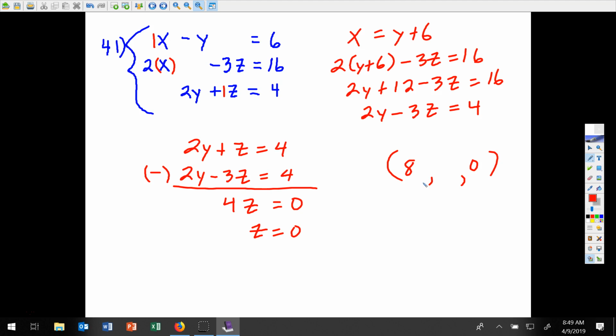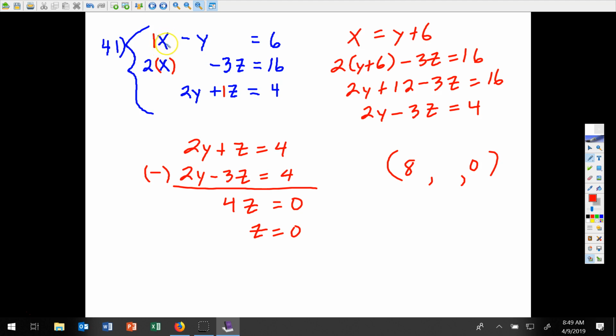Now, how do you think I will find y? Well, you have some options. Give me one of those options. Well, if you wanted to, you could go up to the top, and now that you know what x is, you could let x be 8.